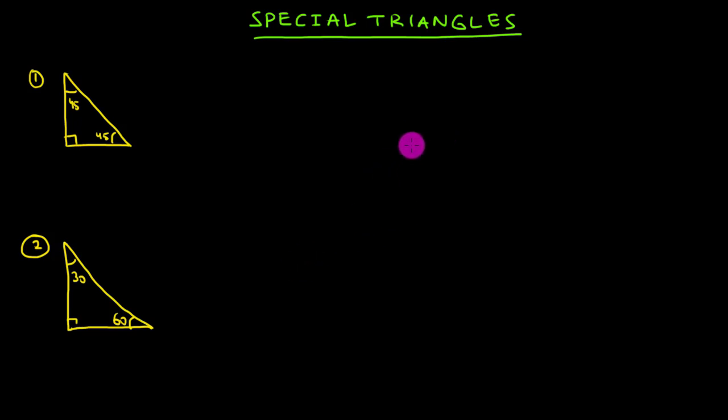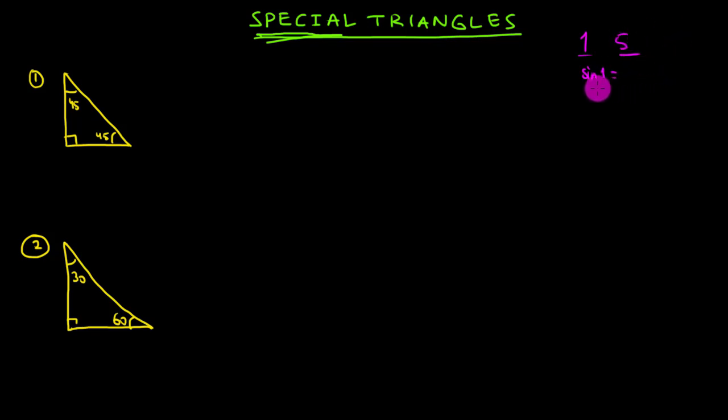Now let's turn to special triangles. So why are they called special? There is one explanation for this. For example, take any angle, 1 or 5. It doesn't matter. If you want to find what sine 1 is, you can do it only by using a calculator, and the same for angle 5.